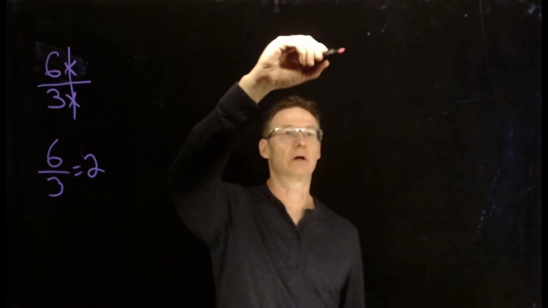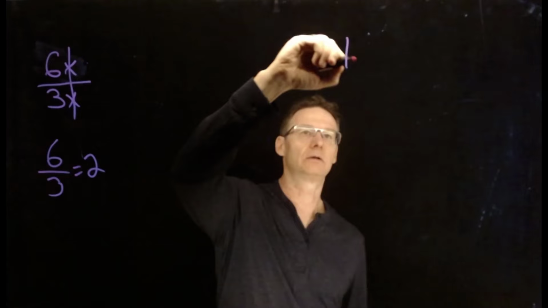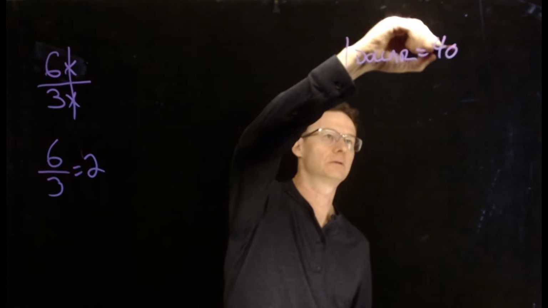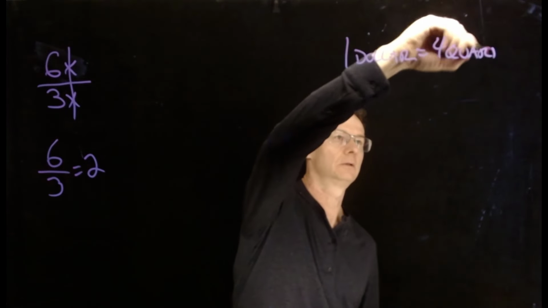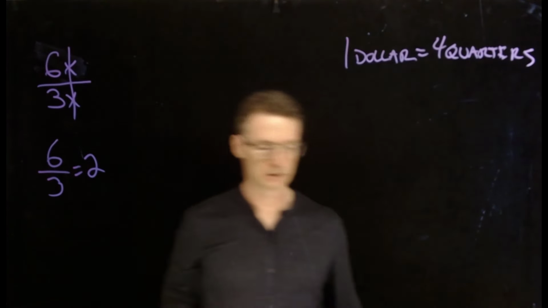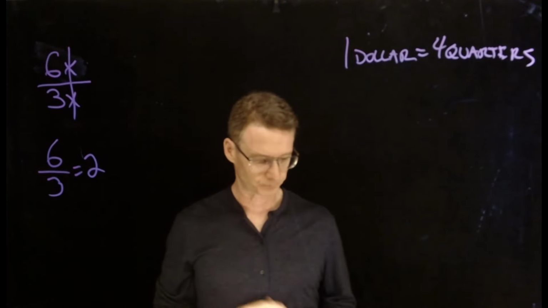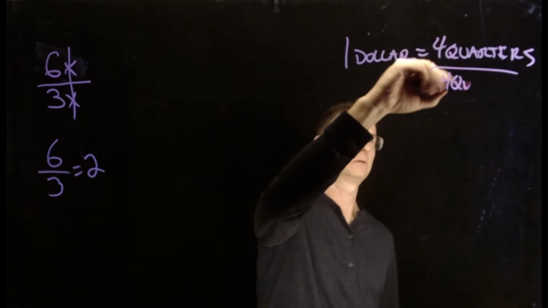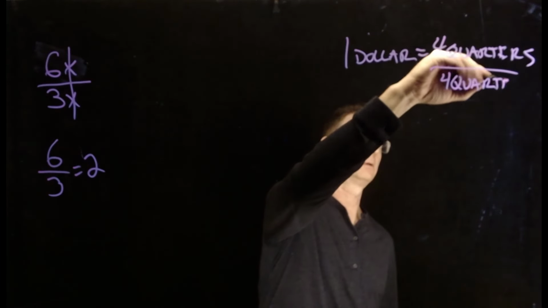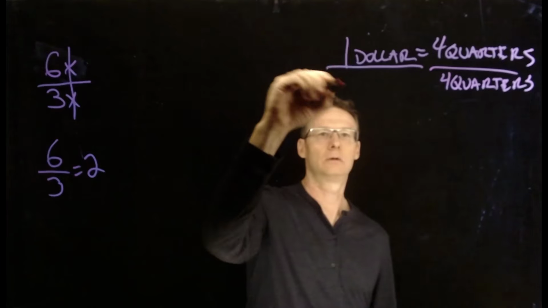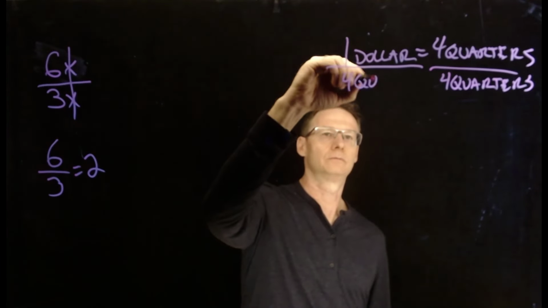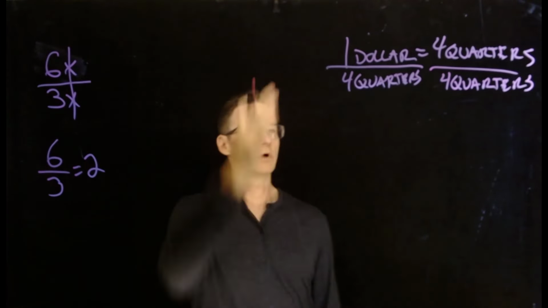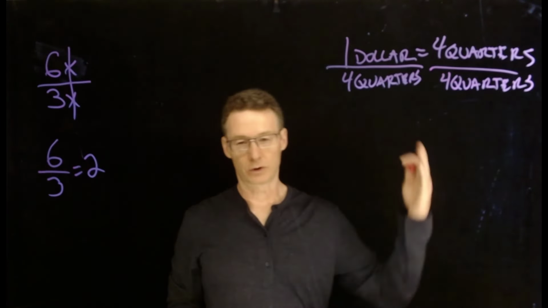The other thing that I want to talk about is if we have something like $1 equals 4 quarters. Okay, so I think we can all agree on that. Which means if we divide both sides by 4 quarters, we have $1 over 4 quarters equals 4 quarters over 4 quarters.